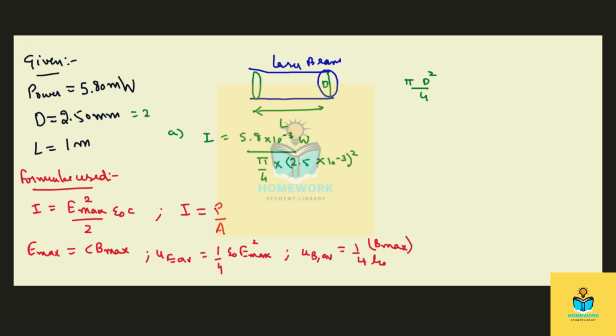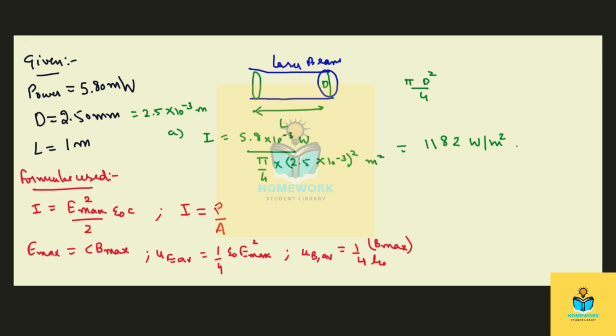We have to convert the units into SI units. And this gives us 1182 watt per meter square. So this is the intensity.